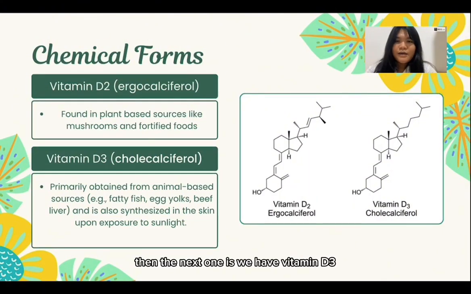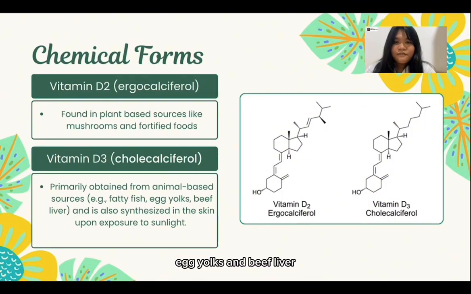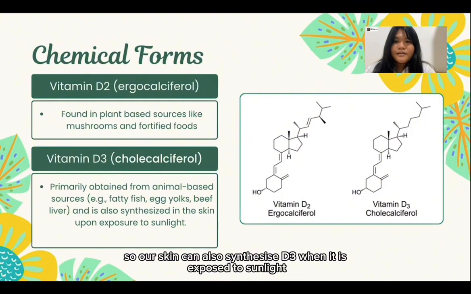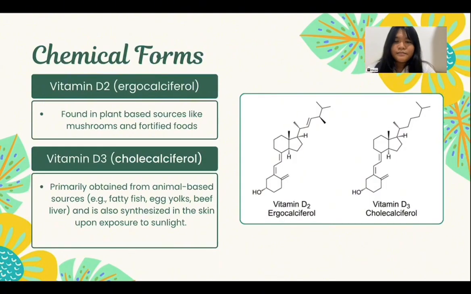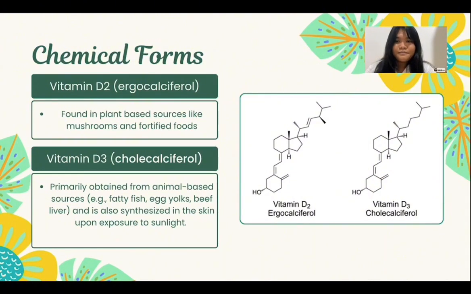Then the next one is vitamin D3, also called cholecalciferol. This form comes from animal based sources like fatty fish, egg yolks, and beef liver. Our skin can also synthesize D3 when it is exposed to sunlight. Both forms are biologically important, but D3 is more effective in raising vitamin D levels in the blood.